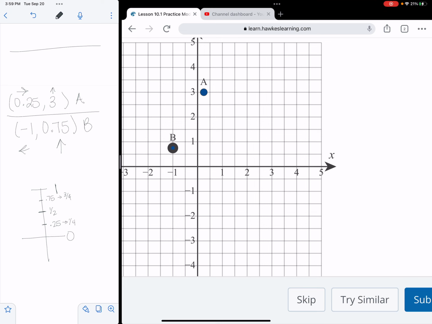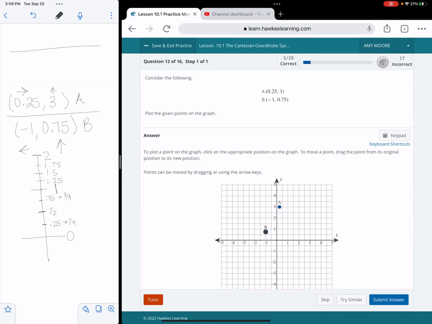And that would be true for the next break up to 2. That would be 1.5, 1.25, 1.75, and so on and so forth. So there's just a little number line trick, if you will. All right, and so that's that part.